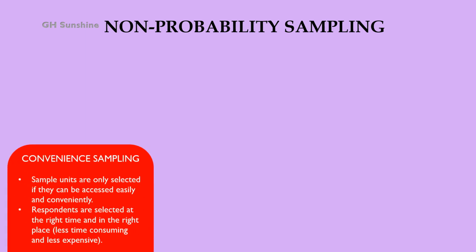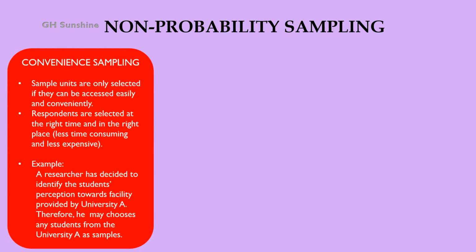We focus on non-probability sampling technique. First one is convenience sampling technique. So the sample units are only selected if they can be accessed easily and conveniently. The respondents are selected at the right time and in the right place.